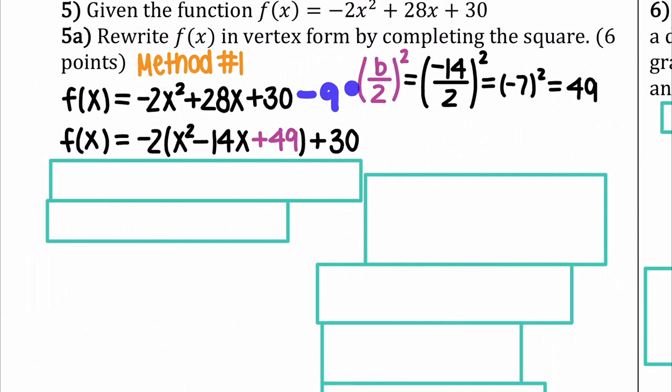So we've changed this equation by subtracting 98, because that's the value of negative 2 times 49. Now how do we undo that? To undo that, we're going to subtract whatever negative 2 times 49 is. Negative 2 times 49, as such.